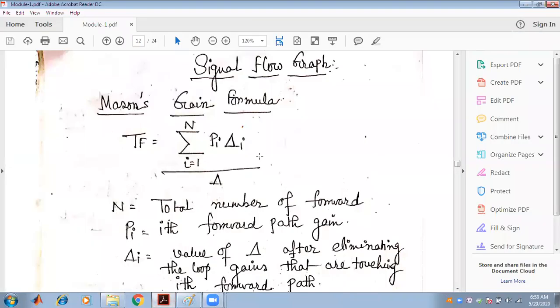So, the general conception of a transfer function is known to us, that is, the transfer function can be written as the Laplace output to the Laplace input, keeping all the initial conditions at 0.